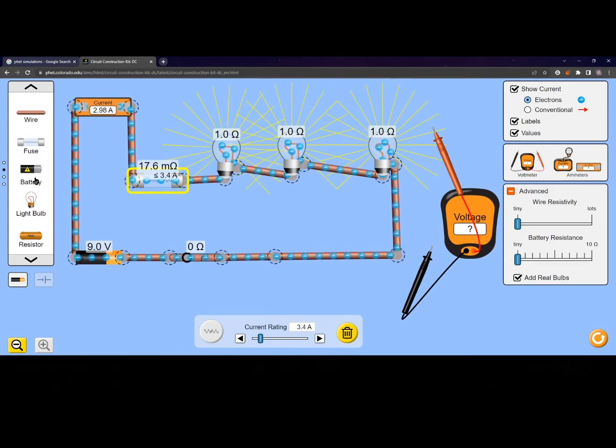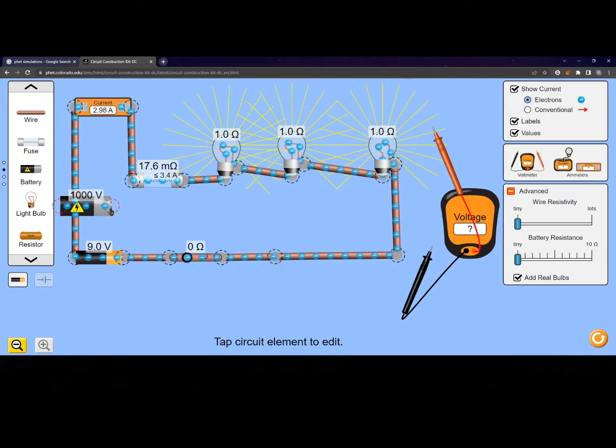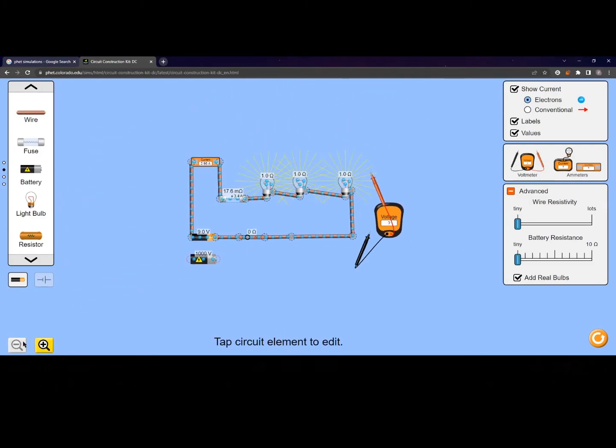Okay, now this is a 1000 volt battery to experiment with. I'm not going to do any experiments with this right now. I would highly encourage you guys to explore this beautiful software. Appreciate the amount and type of simulations it's offering, and do give it a check.